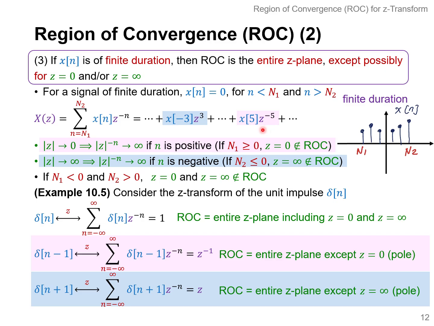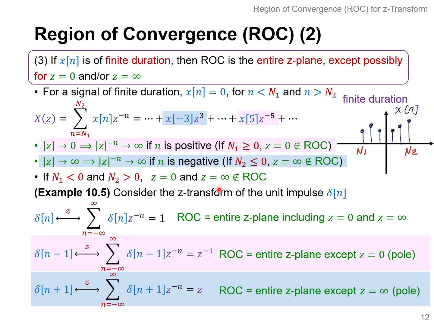If the signal is non-zero only for negative n, then the ROC does not include z = infinity. This means n2 is smaller than or equal to 0. So the transform blows up far away from the origin. If the signal spans both negative and positive n, then both z = 0 and z = infinity are excluded from the ROC.